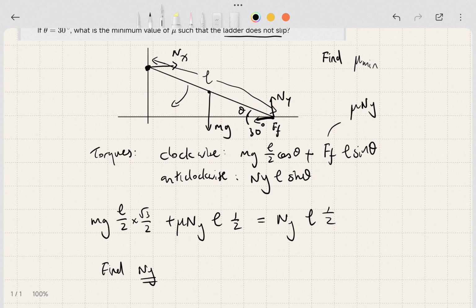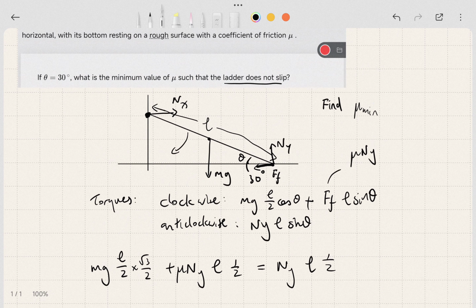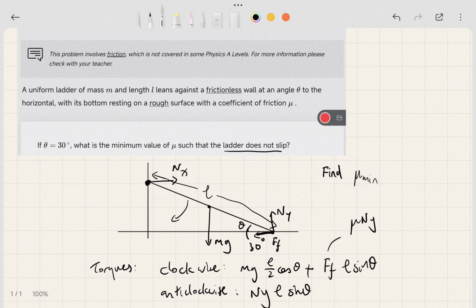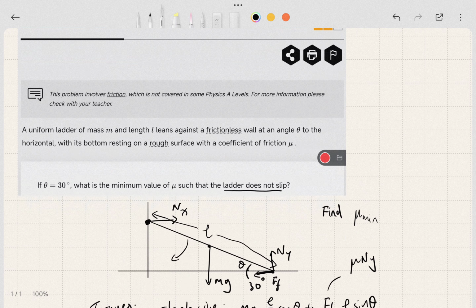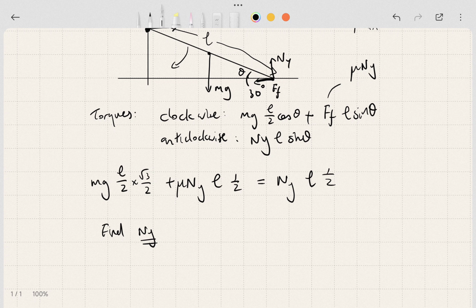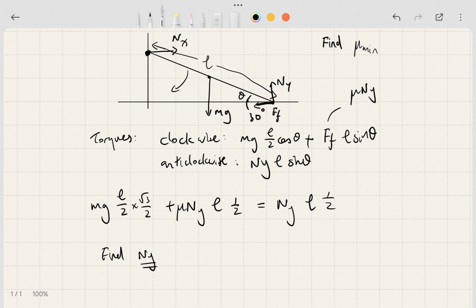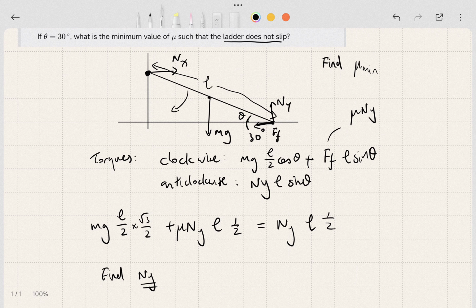So let's think about how you can find Ny in this case. It's quite difficult, I understand. But we should be able to find something, obviously.